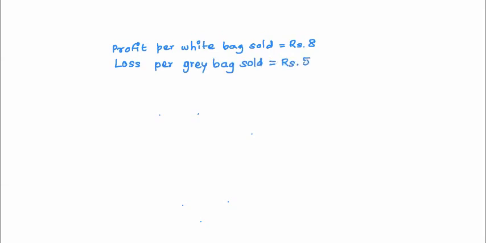Now in our example, we are going to use profit or loss, and we'll represent signs, plus sign for profit and minus sign for loss. So it will become plus 8 and minus 5.